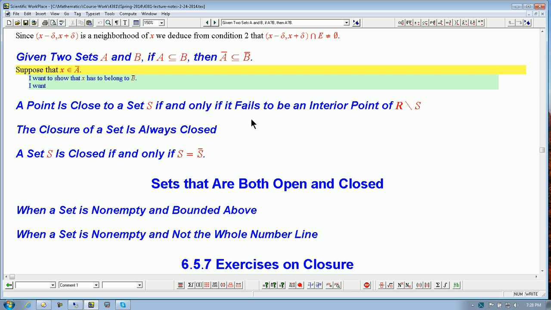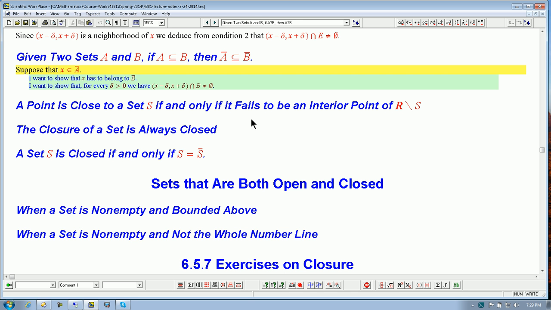Okay, so anyway, I want to show that for every delta greater than 0, the stick center X radius delta intersected with B is non-empty. Isn't that right?